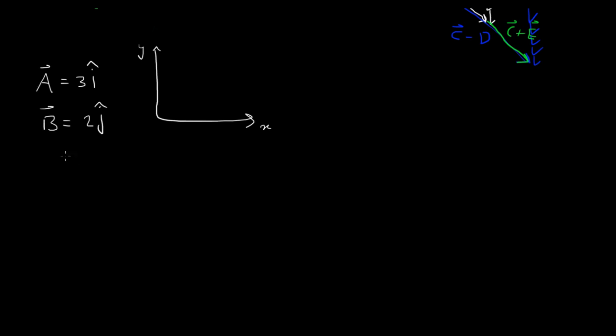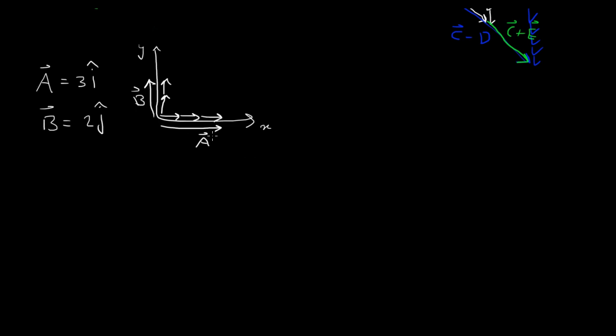So now A plus B is 3i hat plus 2j hat. But if I'm going to draw them separately, this is the vector A, because there are only 3i hat, and this is vector B. So 1, 2. So this is vector B.